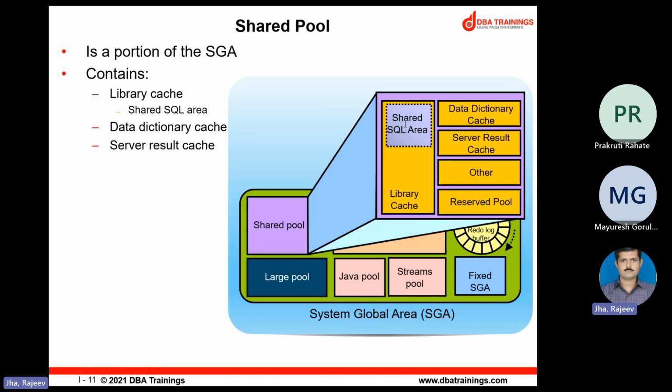So what is the library cache? The library cache is the shared pool memory structure which stores executable SQL and PLSQL code. That means whenever I execute a command within the shared pool, the control structure of the commands which we have executed will be stored within the library cache.